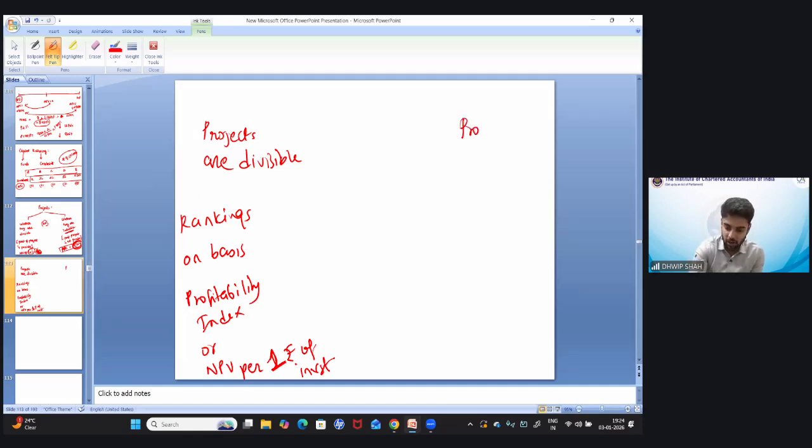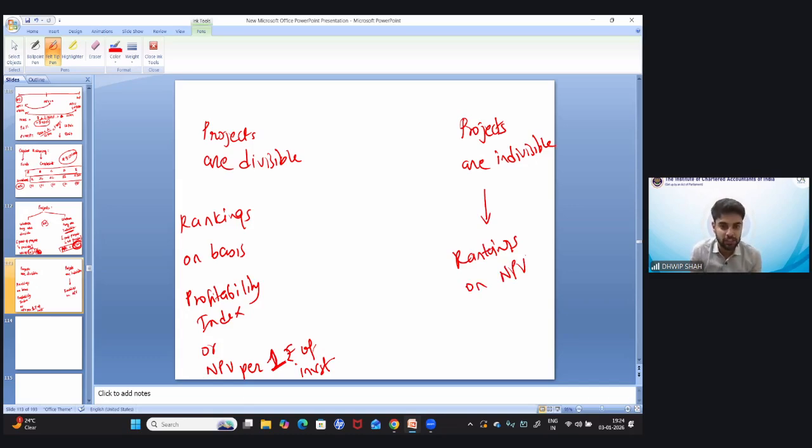But if projects are not divisible, or if part of the project is not possible, that means projects are indivisible, then as you said, give rankings based on NPV. Okay. This is what the investment decision says: if a piece is possible, it means, say 10 lakh is the entire project, and if you want to take only 20%, that is 2 lakh, then that 2 lakh rupees means 1 rupee invested in the project generates how much cash inflow?